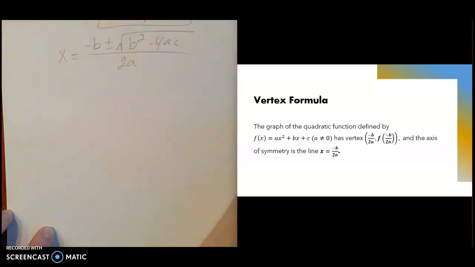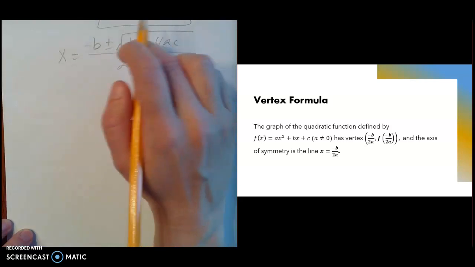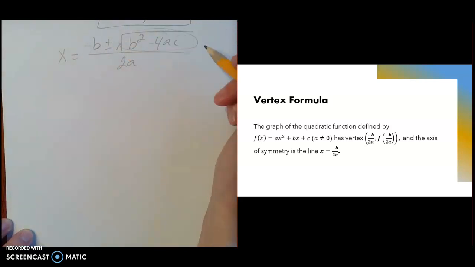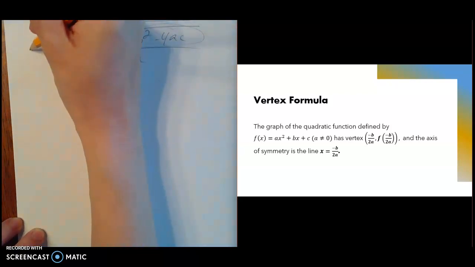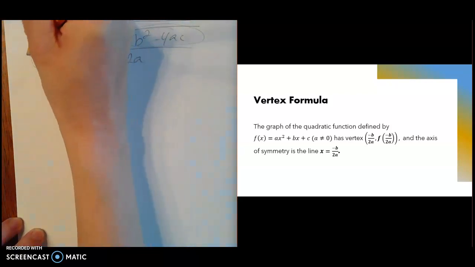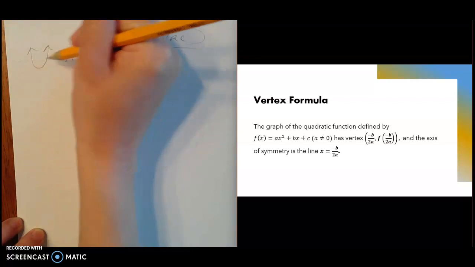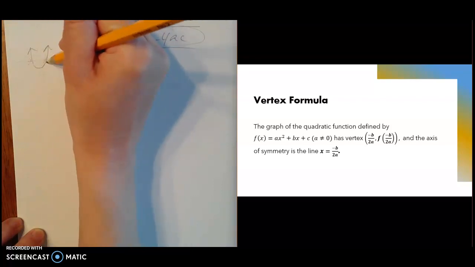Do you guys remember that a little bit? Well, do you remember there was only one time that you only got one solution, okay? And that was when the part underneath the square root was 0. And what's happening is, let's say that we have a little upward shaped parabola. You know, this would have 2 different solutions, right?